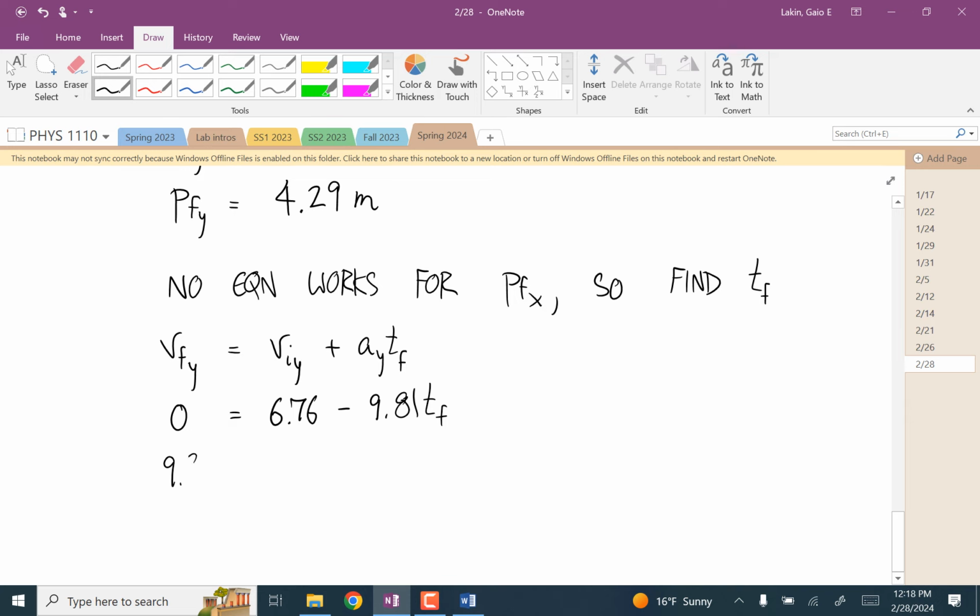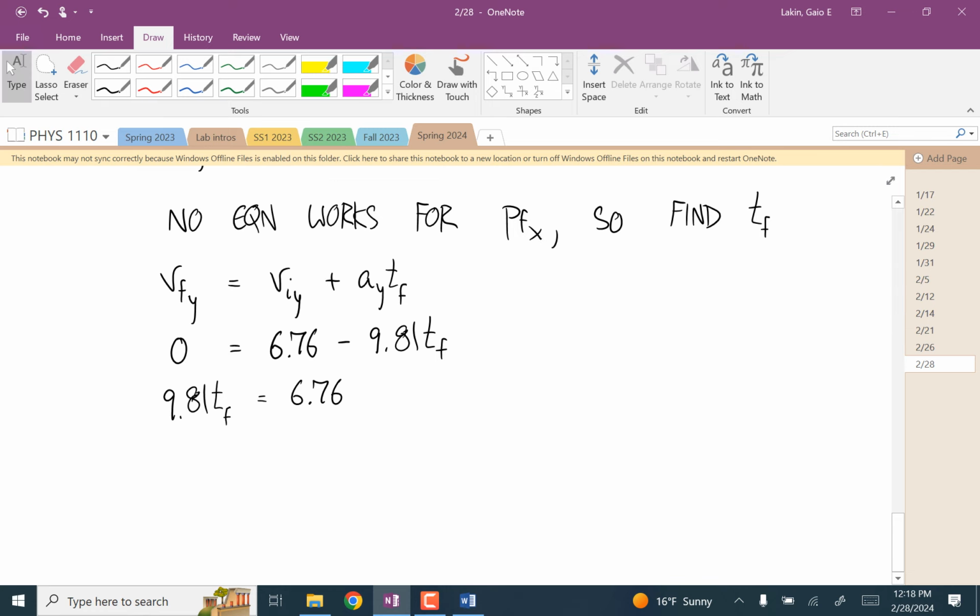And so 9.81 TF is equal to 6.76. Divide both sides by 9.81, and you get TF is about 0.69 seconds.